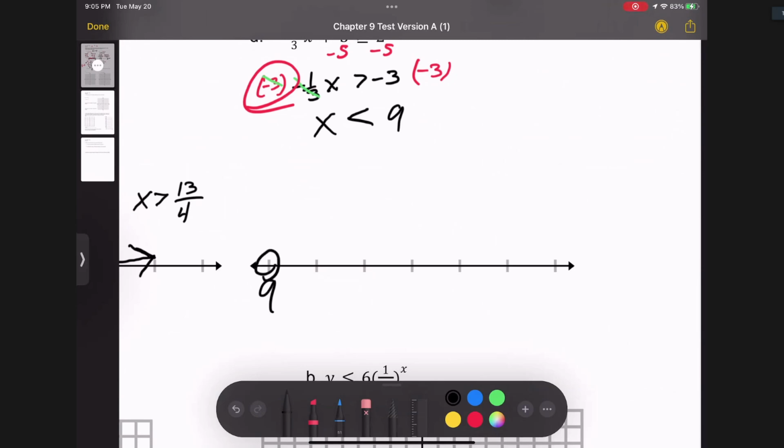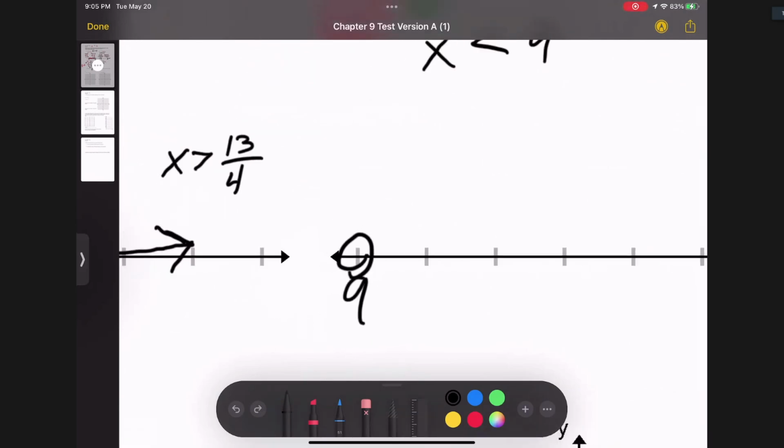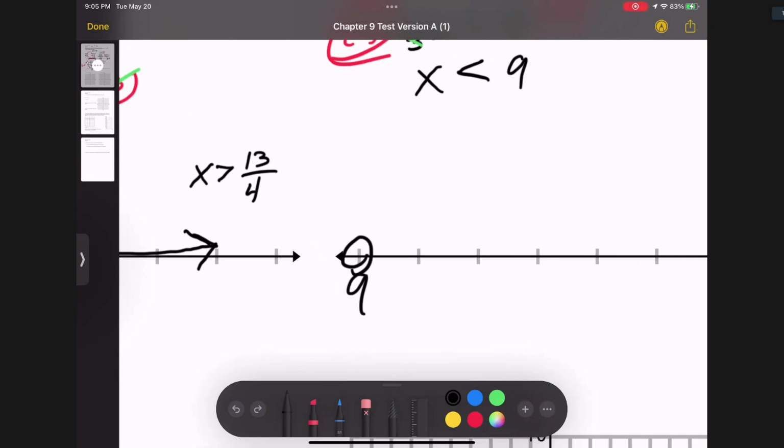I have an open circle. Reason why? It is an inclusion for an inequality, or I guess you could say a lack of inclusion. So that means it's going to be an open circle. It's strictly less than. X is strictly less than 9. So that's going to be going to the left because you are going less than 9. Anything less than 9, go to the number line.